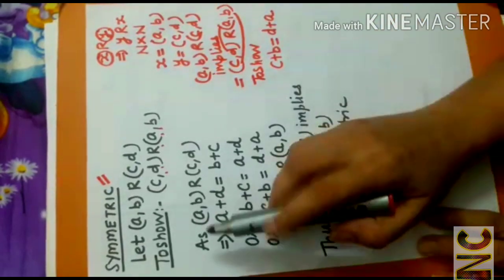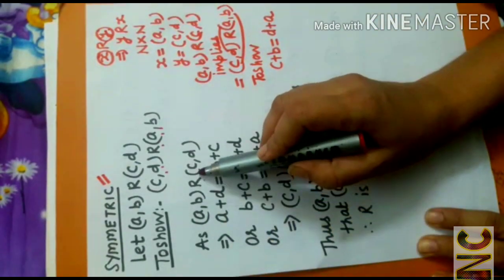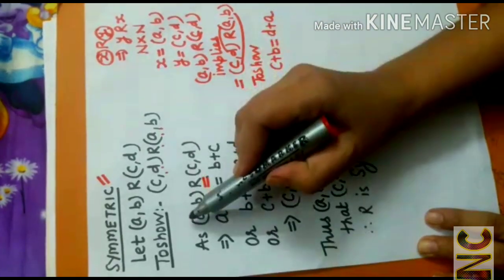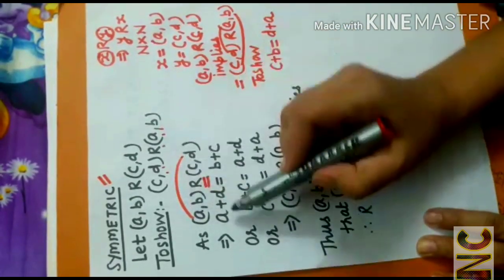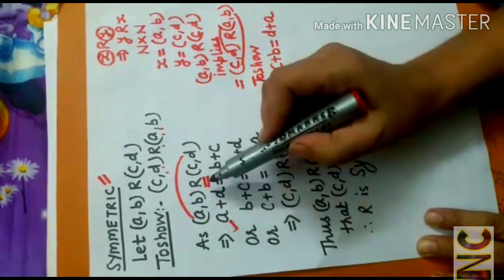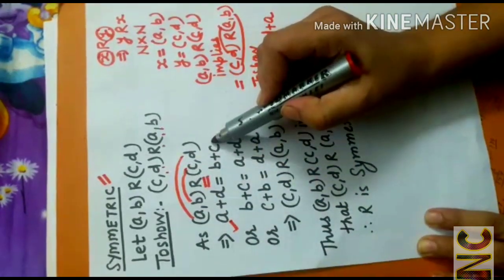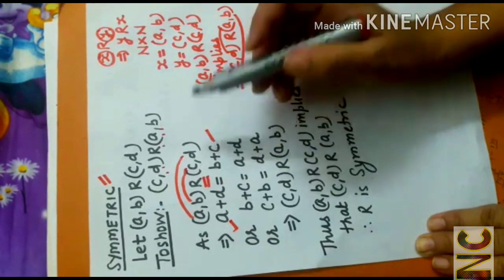Now look here, (a, b) is related to (c, d). So by definition of R, a plus d should be equal to b plus c.